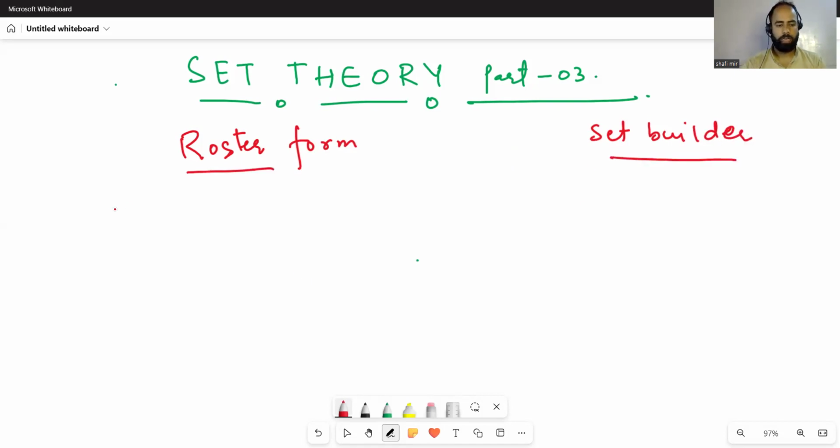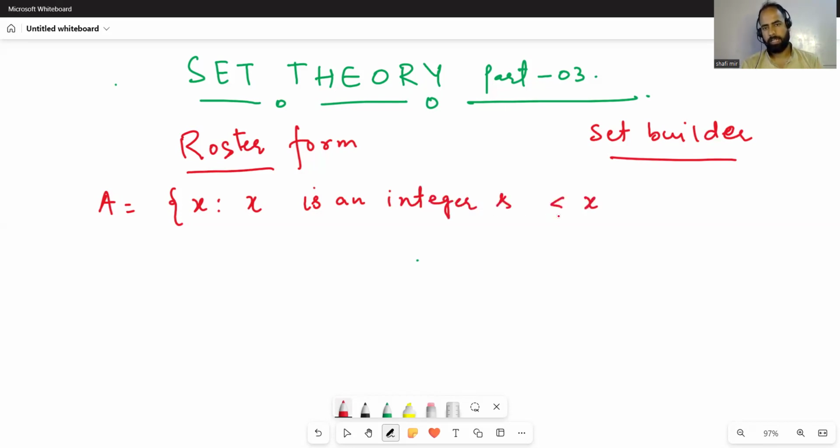Suppose I define a set A which contains X such that X is an integer and X is greater or equal to -3 but less than 7. So I have defined a set A which contains X. Now I'm defining what this X is.